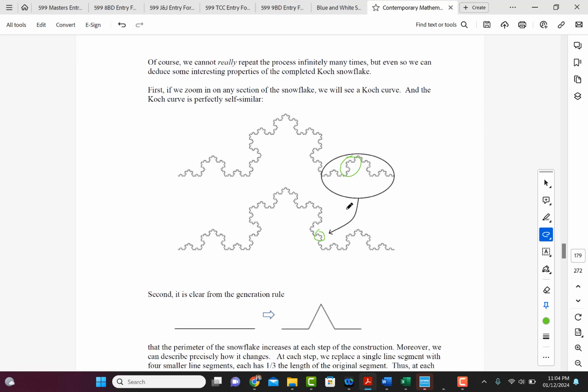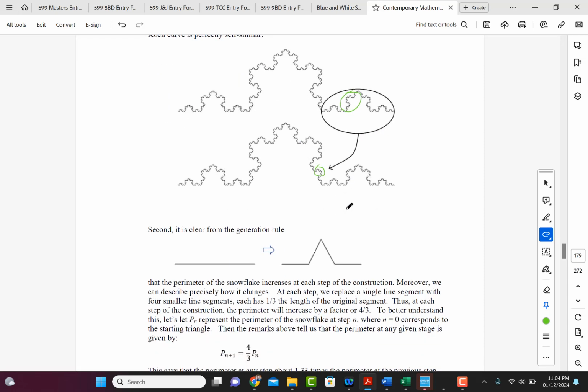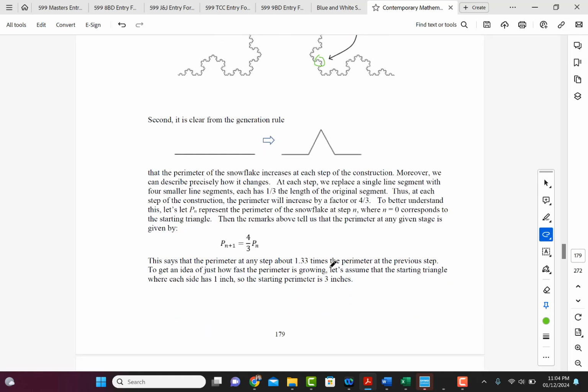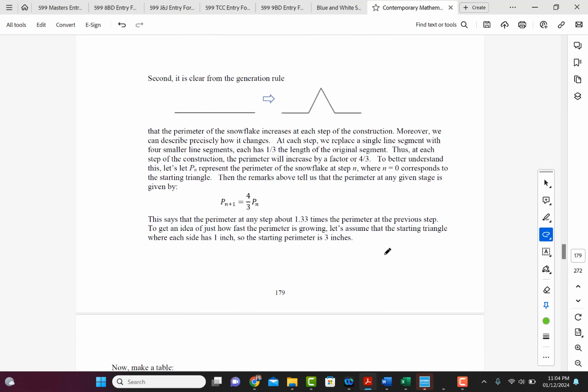Second, it's clear from the generation rule that the perimeter of the snowflake increases with each step of the construction. Moreover, we can describe precisely how it changes. At each step, we replace a single line segment with 4 smaller line segments. Each has 1/3 the length of the original segment.